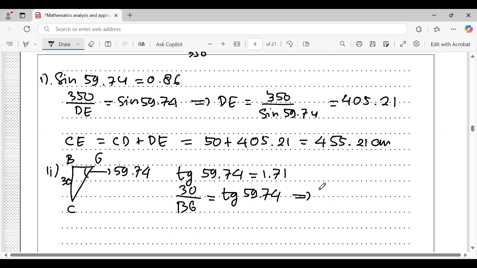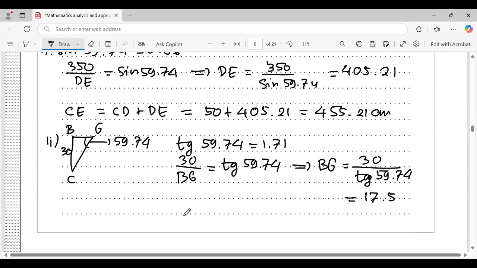So we can determine BG. BG equals 30 over tangent 59.74. And if you calculate, the result is 17.5.